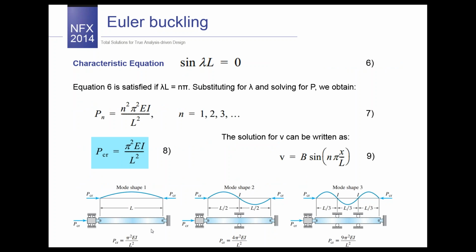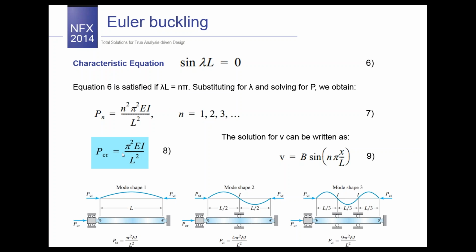So this characteristic equation is satisfied if lambda L equals n pi. And substituting this for lambda and solving for P, which is important, we obtain this expression, which leads us to the critical force for the linear buckling. For the lowest value of P, n should equal 1 in equation 7.